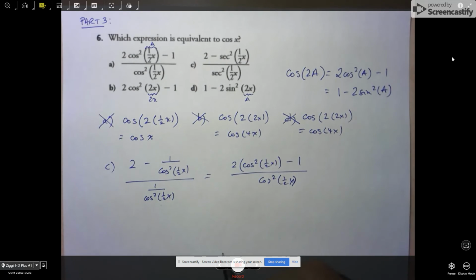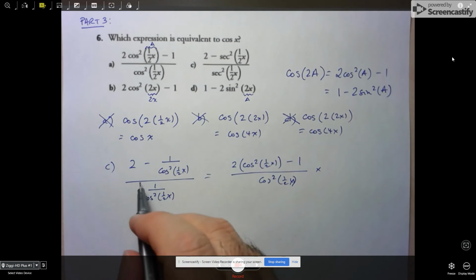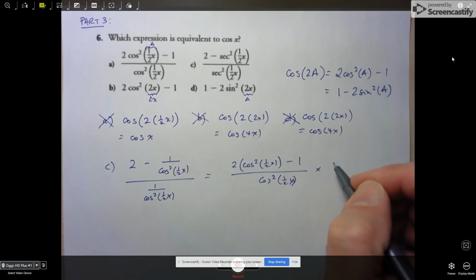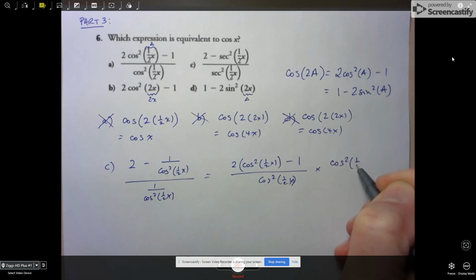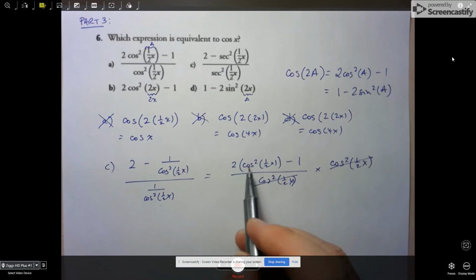And here, dividing by a fraction is the same as multiplying by its reciprocal. So I'm going to turn this division into a multiplication. The reciprocal of 1 over cos squared 1/2 x is just cos squared 1/2 x. That works out really nicely because that reduces with the one I have in the denominator. But look at what I have in the numerator here.